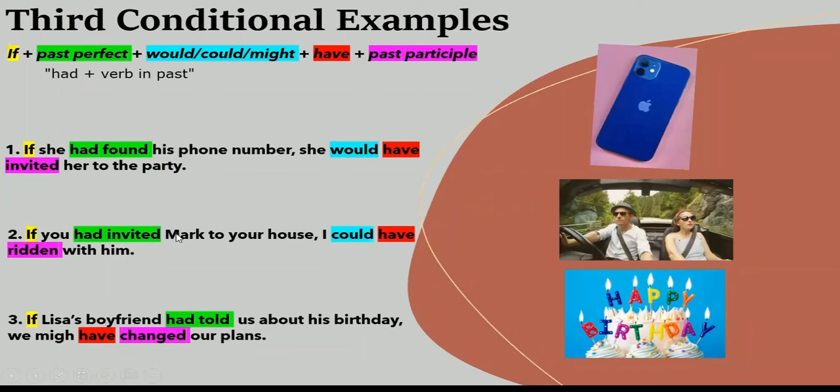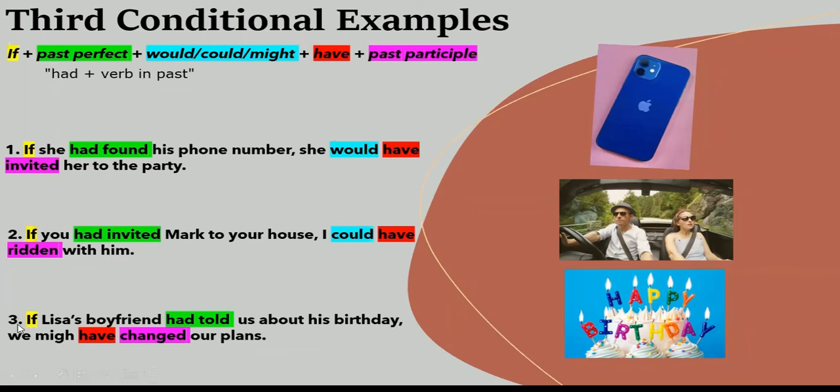Ride in the car. So if you had invited Mark to your house, I could have ridden with him. I am imagining that if you had invited him, I didn't have to take the bus because I could have ridden with him, but it did not happen like that, and it is already in the past, okay? An imaginary situation which is in the past, okay?